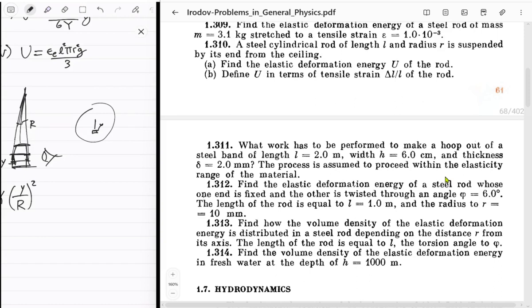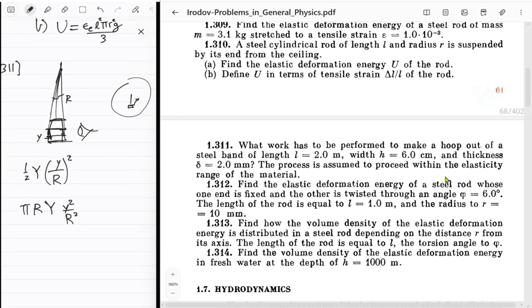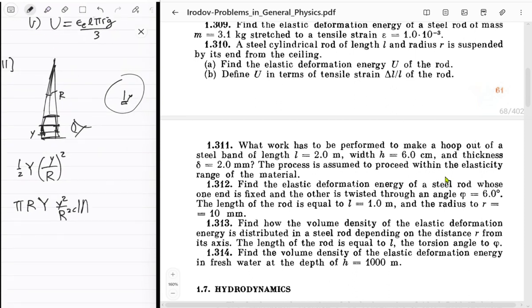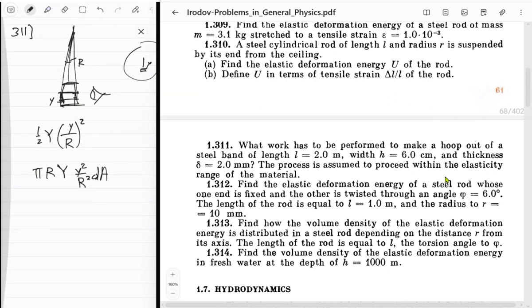The 2 pi r is there throughout. So 2 pi capital R. It's going to have pi capital R Young's modulus y squared upon R squared, and that times this dA. So this thing is actually energy. Simplify first of all: pi Young's modulus upon radius, y squared dA.